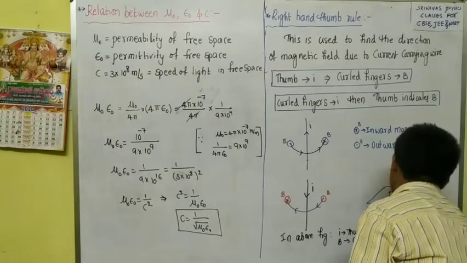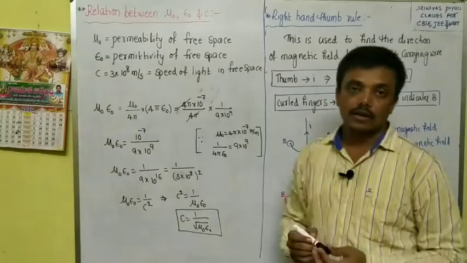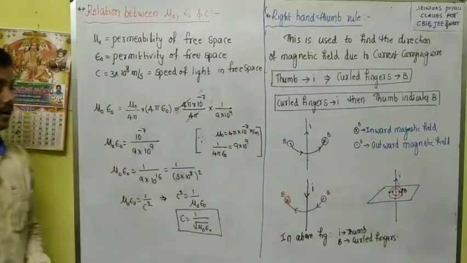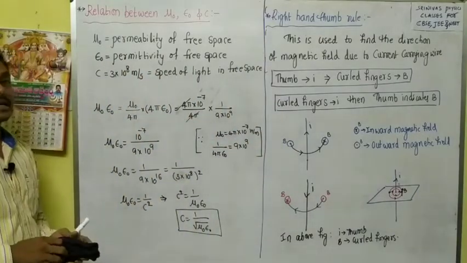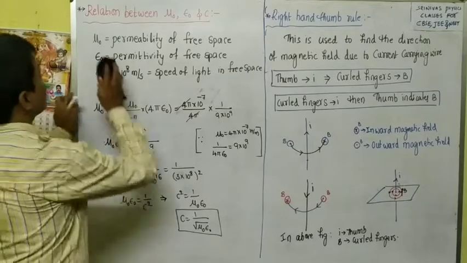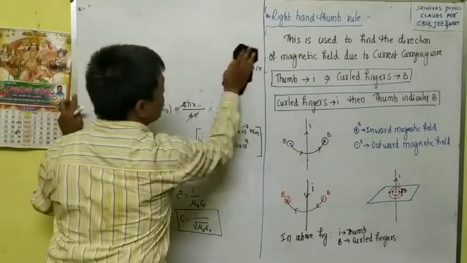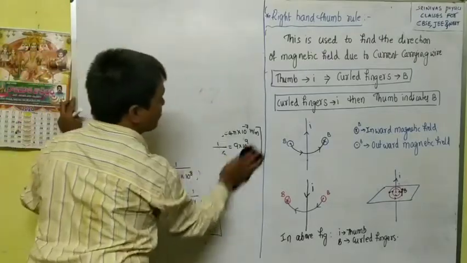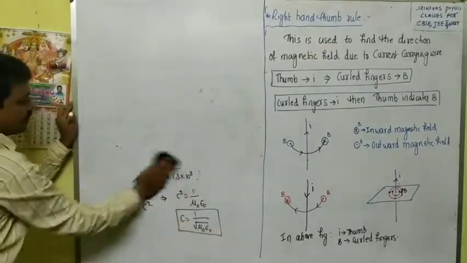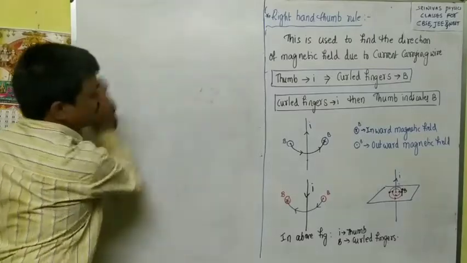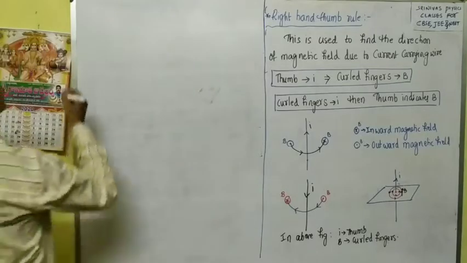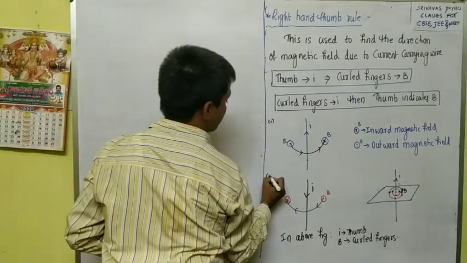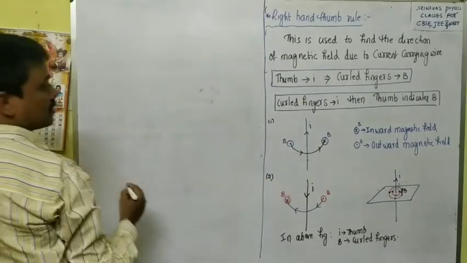Now let us see the case of a circular current carrying wire. How do we find the magnetic field direction due to a circular current carrying wire? This is the first example, this is the second example, and now I am giving the third example.